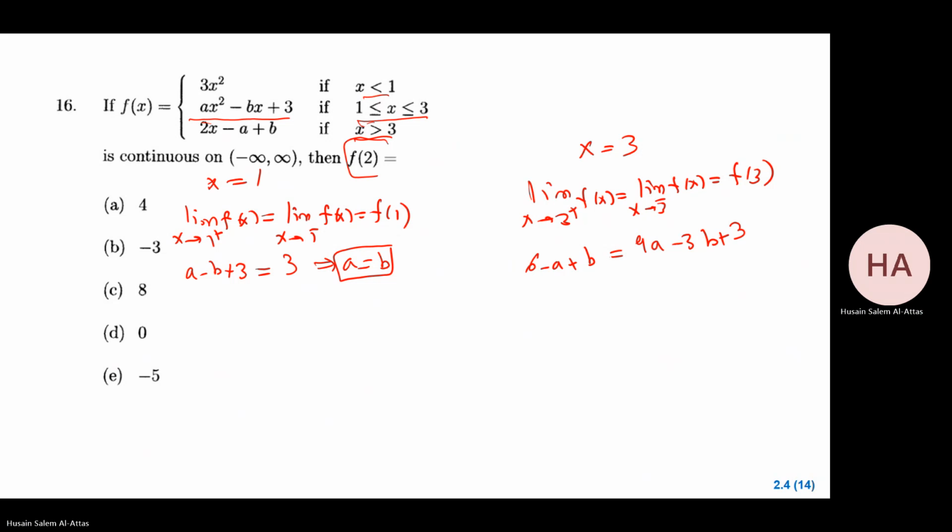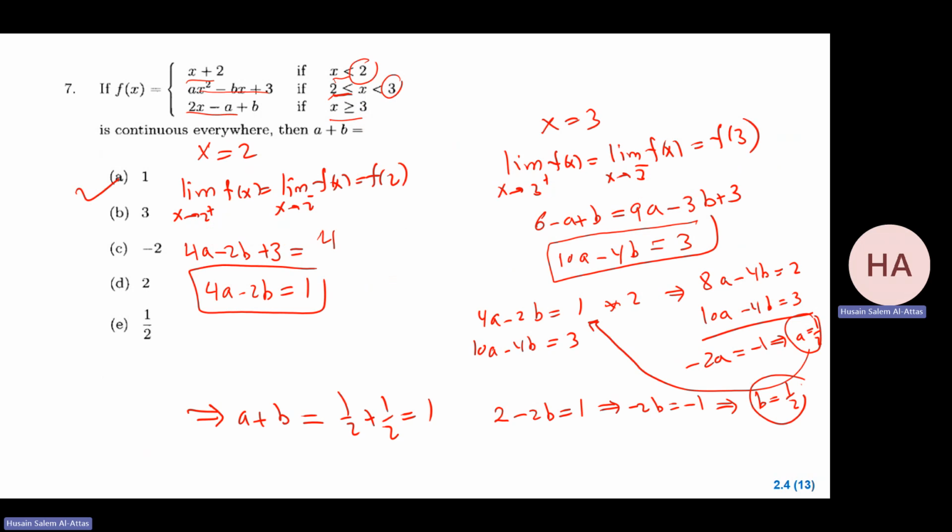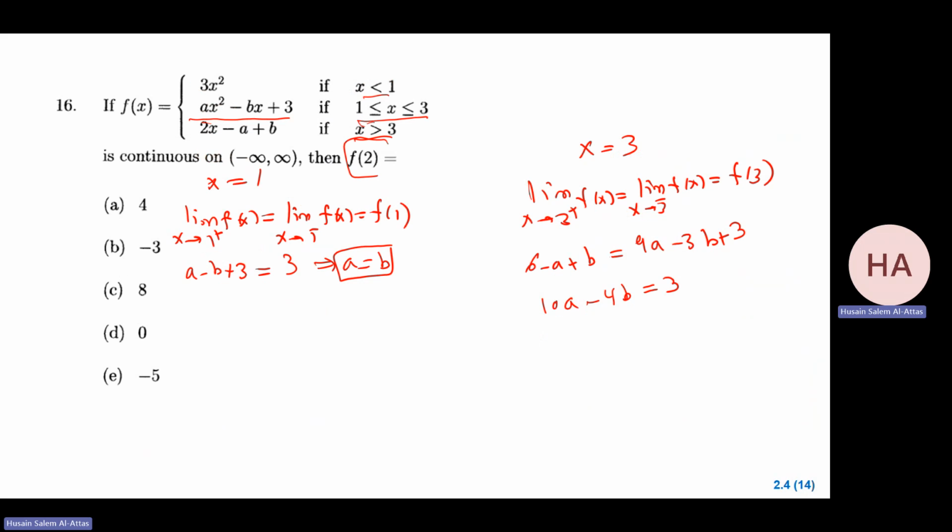So that gives me 10a minus 4b equals 3. It's similar to the previous one. I have here the difference. I have a equal b. Almost the same except the first one. Okay. I have a equal b. So that gives me 10a minus 4a equals 3.